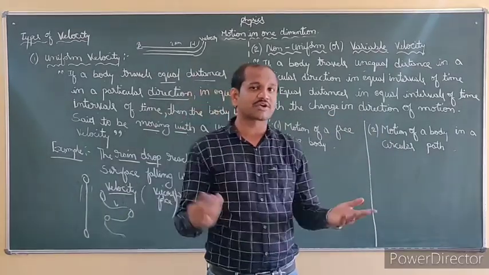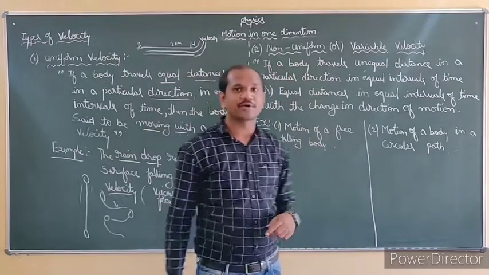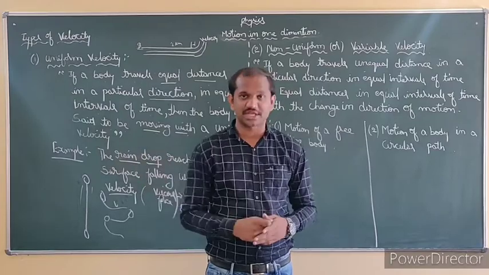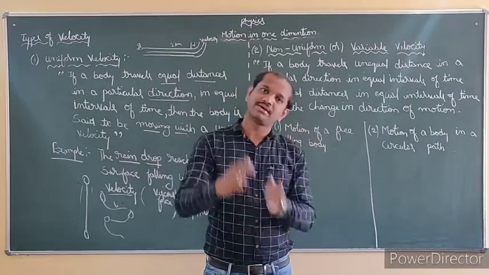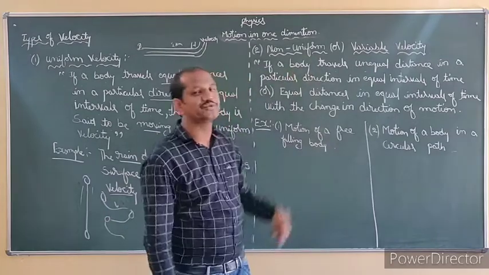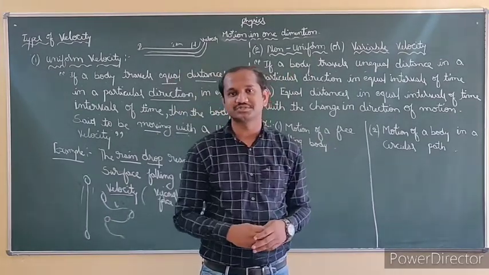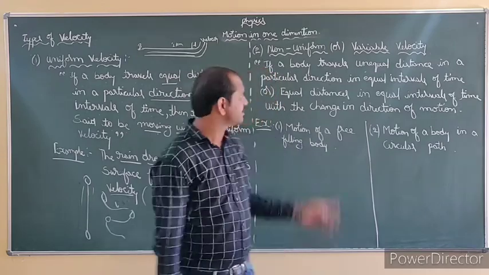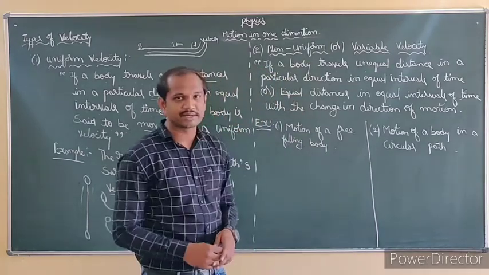All 3 parameters are not the same in the case of non-uniform or variable velocity. Any one being changed is enough. You can even consider that time can be changed. Keep direction the same and speed the same, but if you change the time, that again leads to non-uniform velocity. All 3 parameters should be the same. Then only we get uniform velocity. Otherwise it is non-uniform or variable velocity.